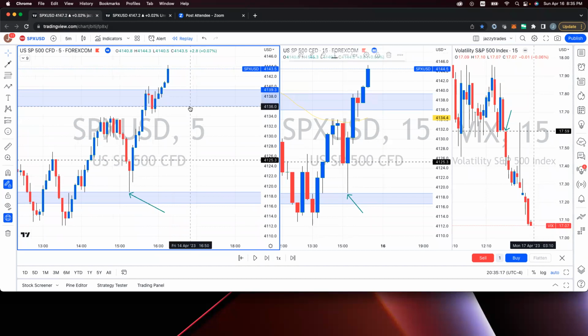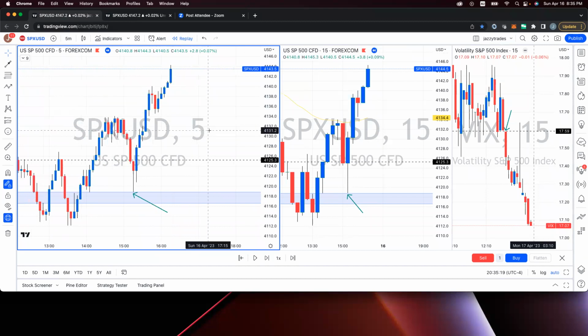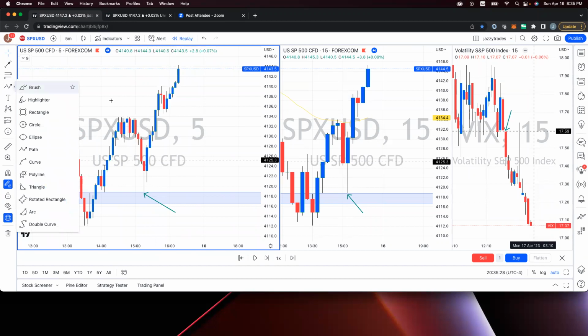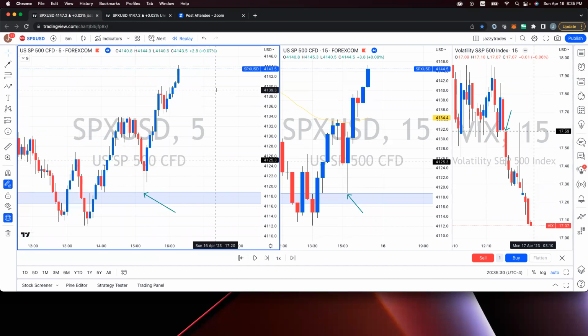But let's say the zone wasn't here. How would you enter this, guys? Can I show you how I would enter it if the zone wasn't here? Exactly, Chico Bravo got it. We're not using the zones now, right? So put a line here at the body close of these candles.